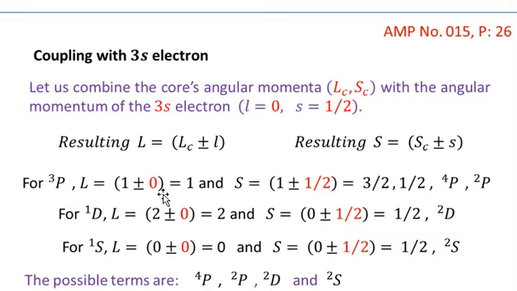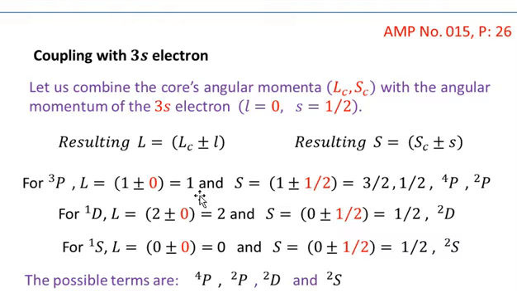So I am using this value 0 from the 3s electron and the 1/2 value from the spin quantum number of the 3s electron. So you see that L is equal to 1 plus minus 0 will give you 1, and S is equal to 1 plus minus half will give you 3/2 and 1/2.